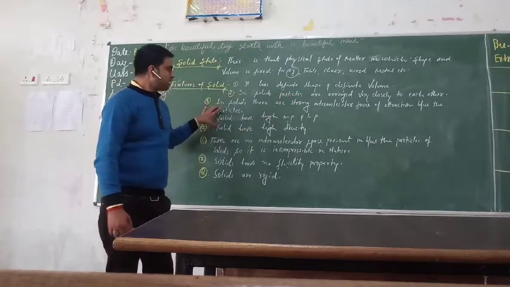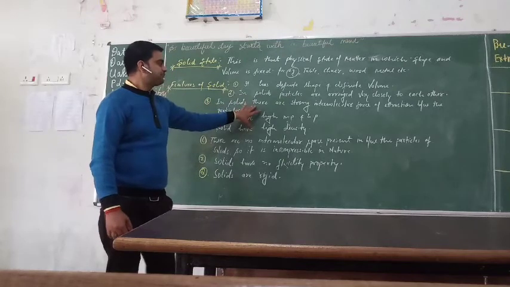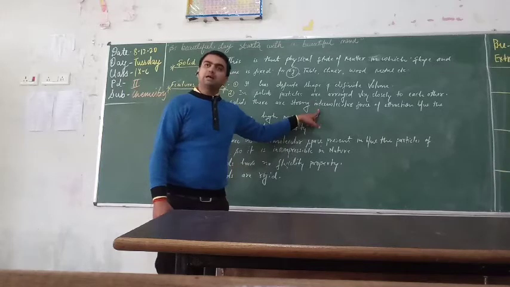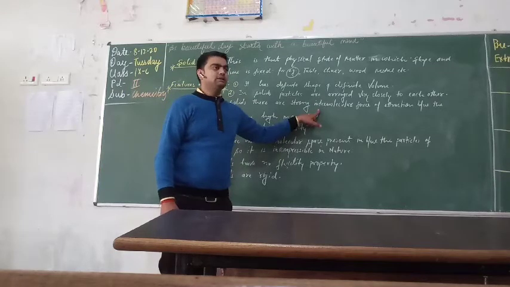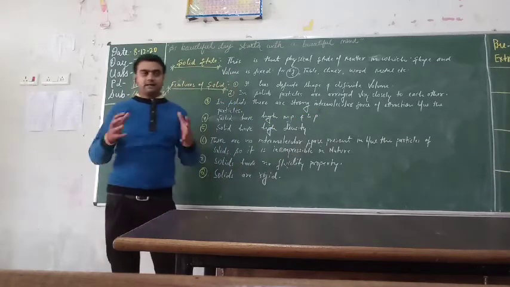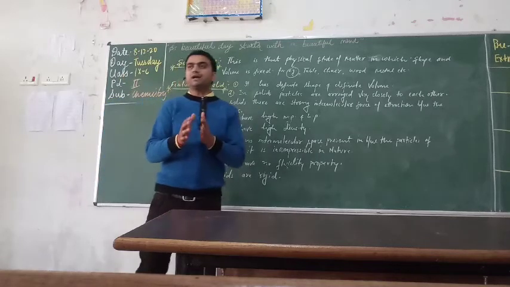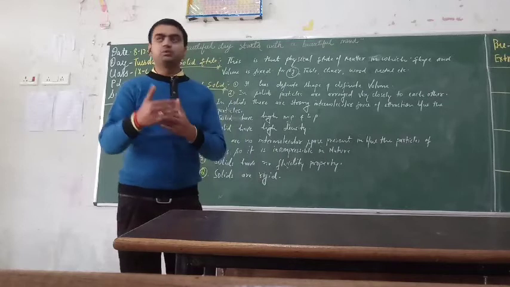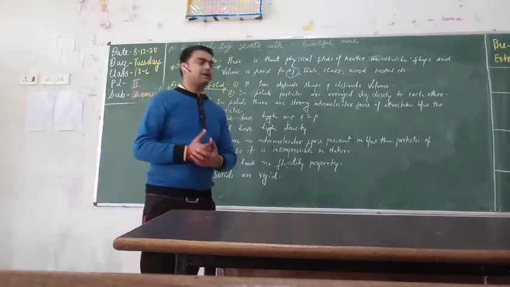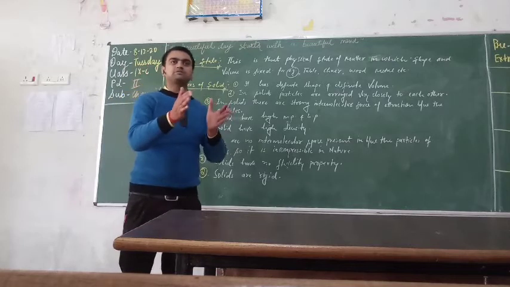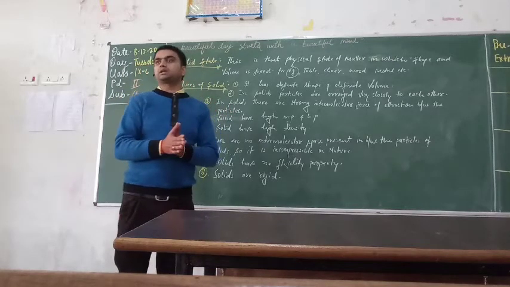Reason: in solids the particles have strong intermolecular force of attraction. Clear? So the particles present in the solid attract each other very strongly, and due to this strong attraction the particles come very close to each other.